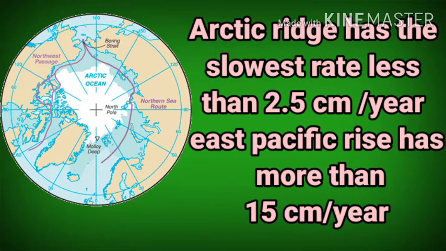It is 2.5 cm per year, while the East Pacific Rise near Easter Island in the South Pacific, about 3,400 km west of Chile, has the fastest rate. It is 15 cm per year of plate movement.